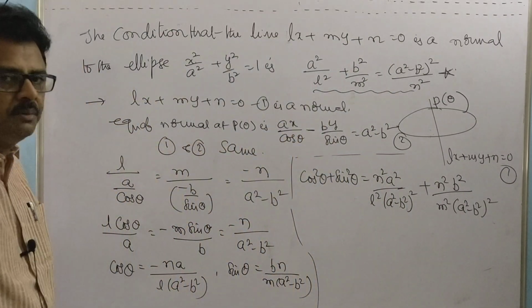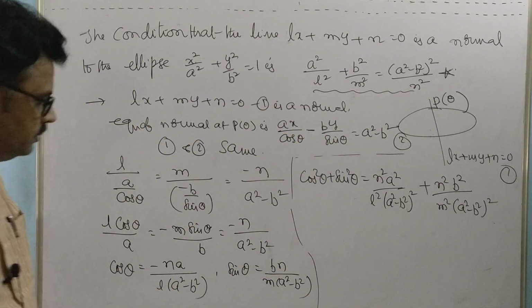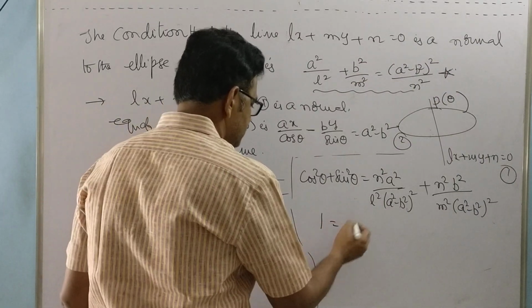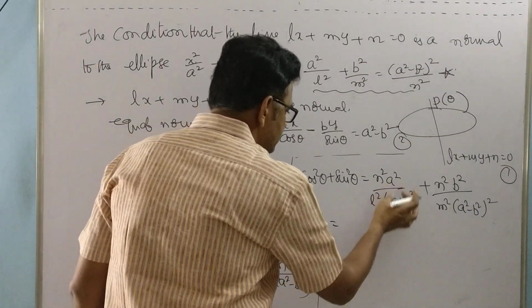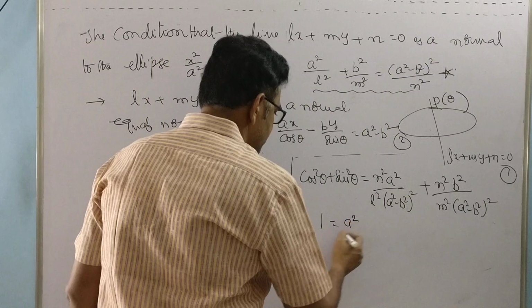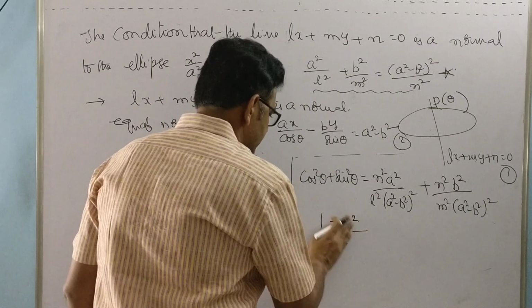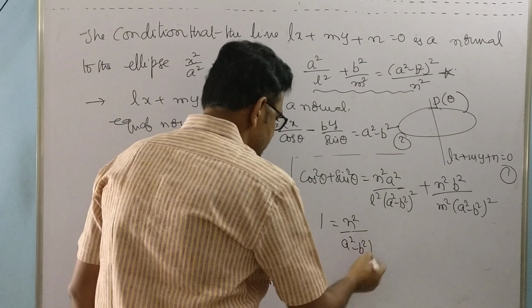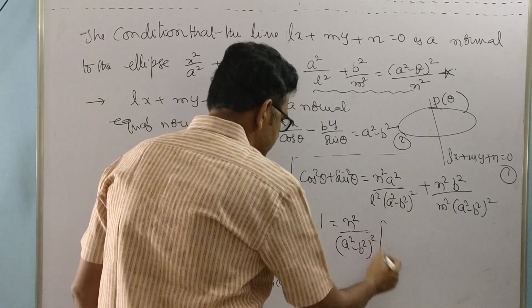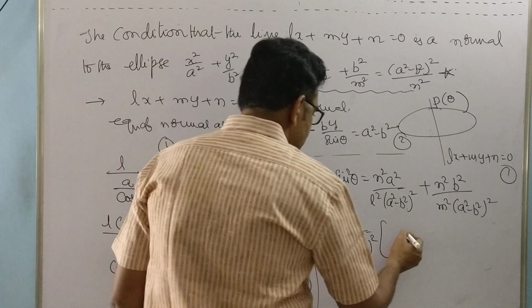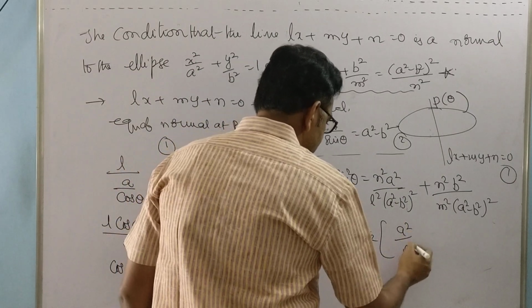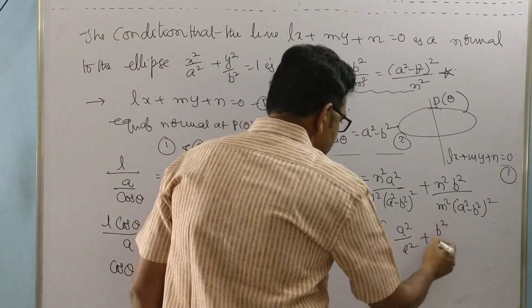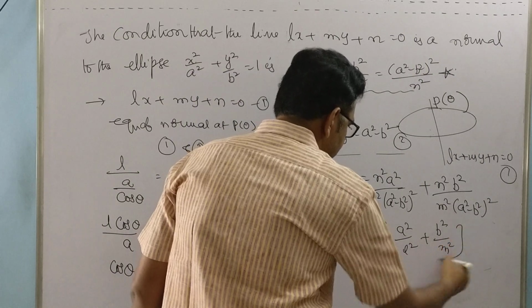Squaring and cross multiplication, so this is 1 is equal to, taking common N square by A square minus B square whole square, A square by L square plus B square by M square.